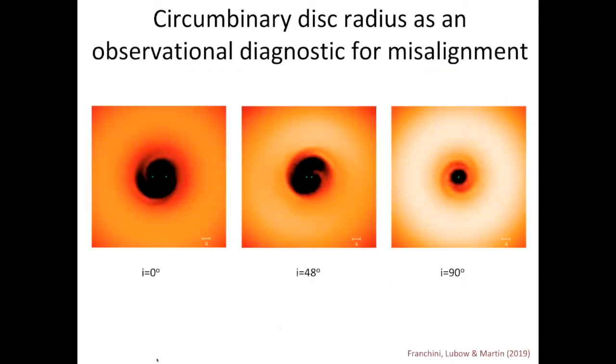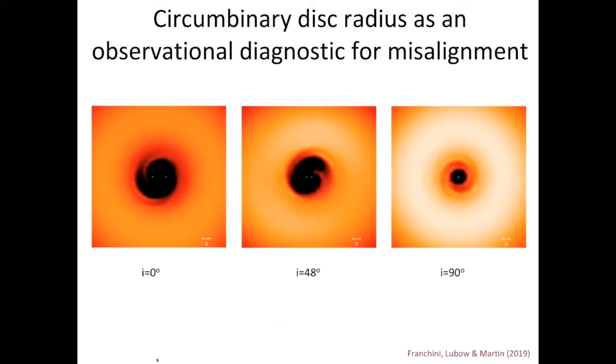And more recently, we showed that the disk inclination can be determined by the observed cavity size. So the binary at the center of the disk clears out a hole in the inner parts of the disk, and the size of this hole is very sensitive to the binary inclination. These 3 images show hydrodynamical simulations at different inclinations.